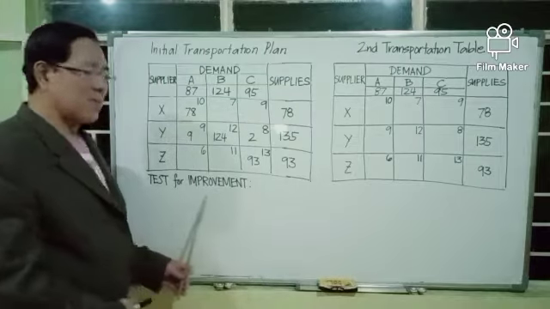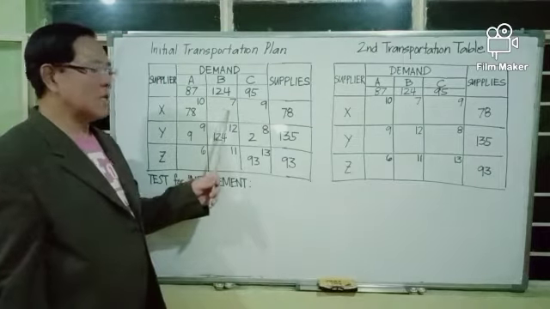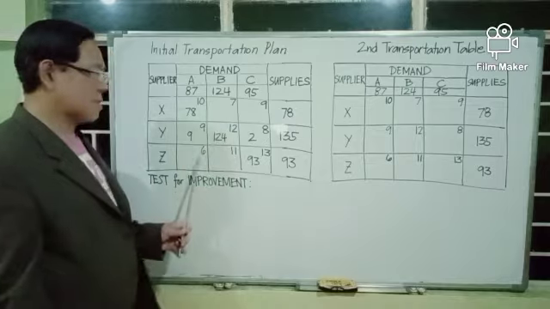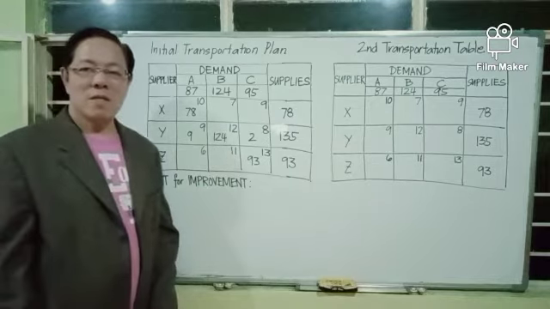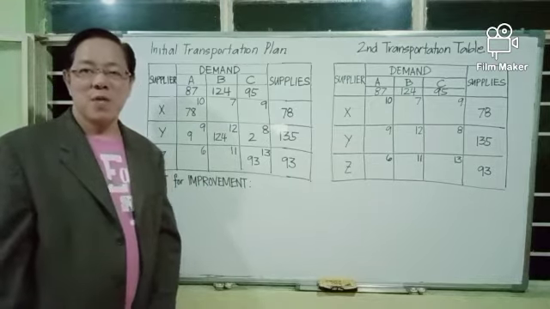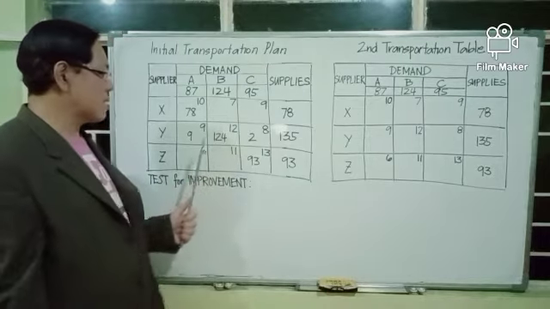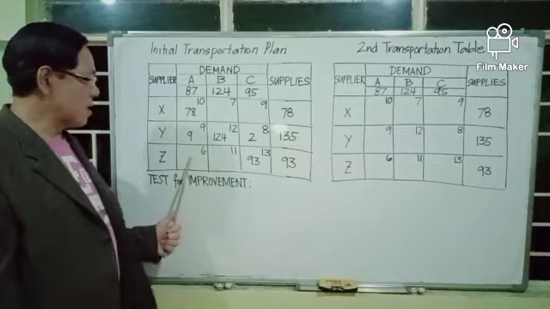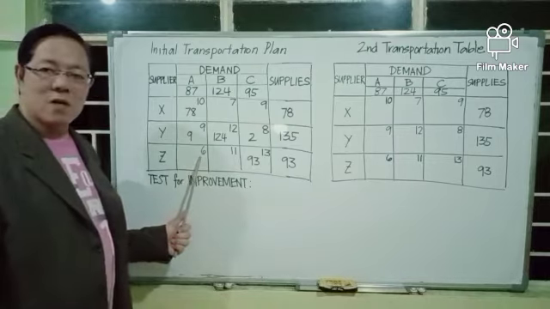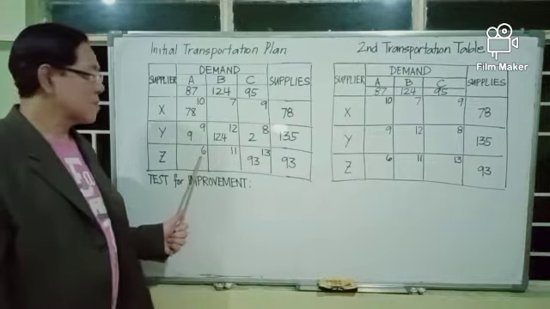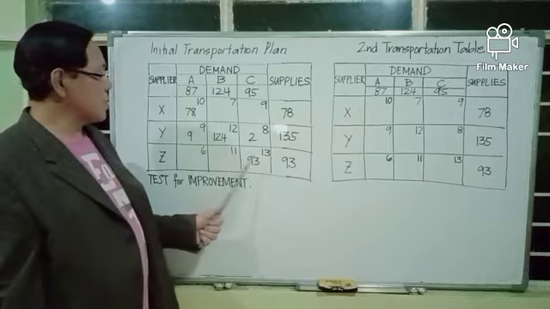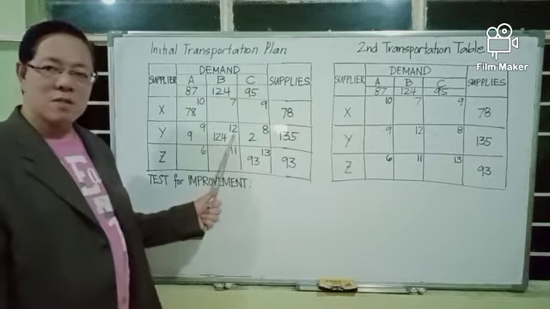In the test for improvement, we will consider each of the vacant cells because it might be better if we transfer some units to some of the vacant cells. Like in this cell, the cell cost is 6 pesos compared to 13 pesos and 12 pesos.